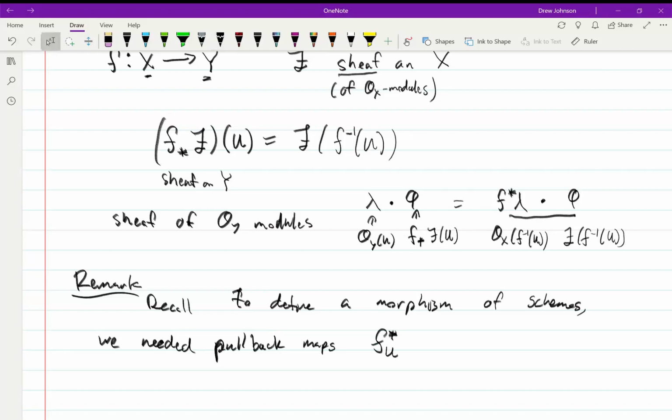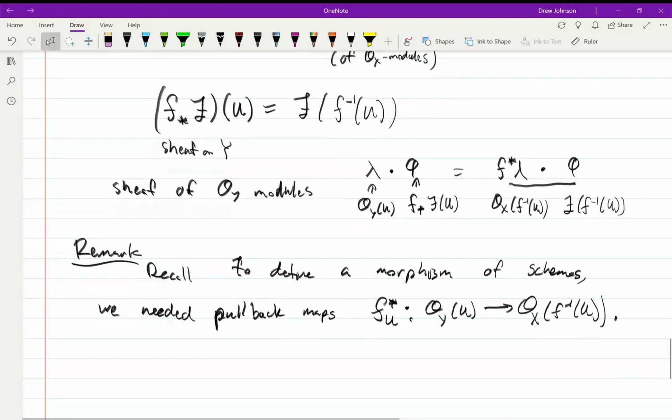F pullback of U takes functions on Y, so OY of U, and pulls them back to X like this. And then they had to satisfy some compatibility conditions.